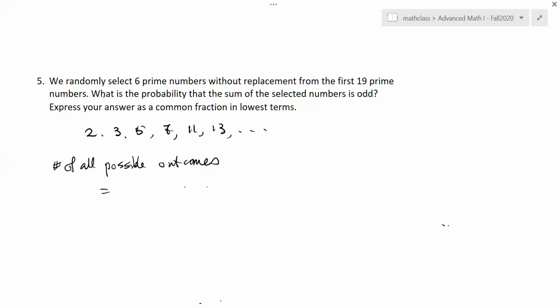So you select 6 out of 19. And that is going to be what? Now you can also put them in order. But let's assume without order. So that's going to be 19 factorial over 6 factorial times 19 minus 6, which is 13 factorial. So this is the number of all possible outcomes.